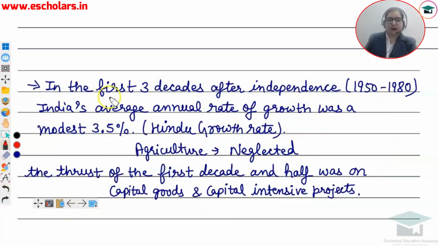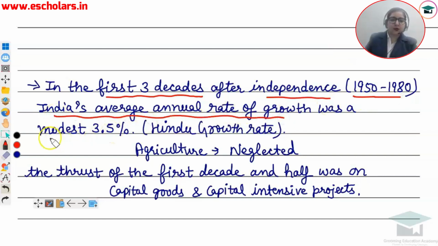Next students, further we have, in the first 3 decades after independence, that is from 1950 to 1980, India's average annual rate of growth was at a modest 3.5%. That is, India's average annual rate of growth was very low. Average annual rate of growth is also known as Hindu growth rate.